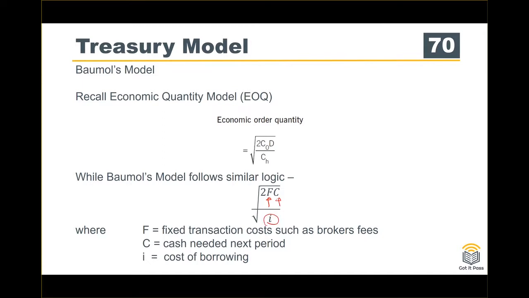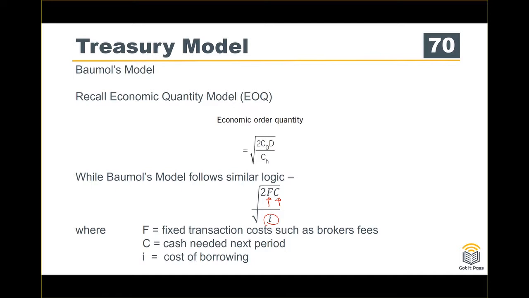So in this formula, what we can learn is the extra borrowing or extra money required is subject to borrowing costs and fixed transaction costs.